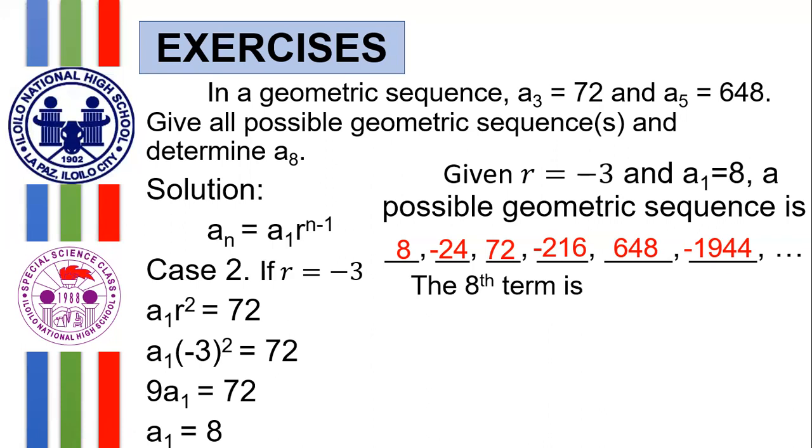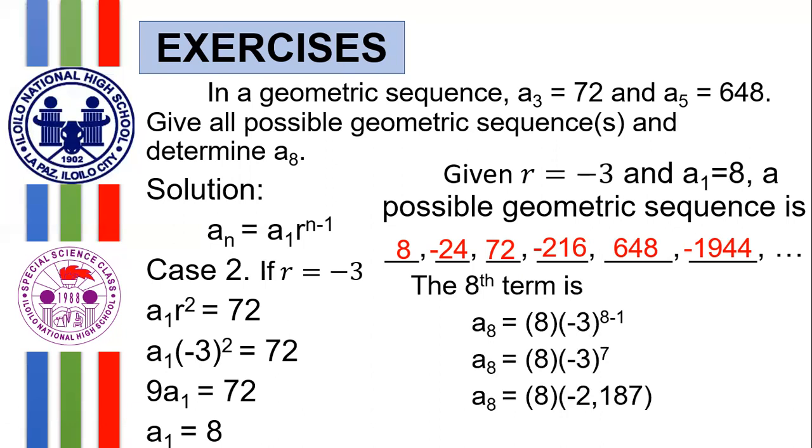Using again the formula, a sub 8 equals 8 times negative 3 raised to 8 minus 1. The exponent simplifies to 7. Negative 3 raised to 7 will give you negative 2,187. Remember, a negative real number raised to an odd natural number will give you a negative value.